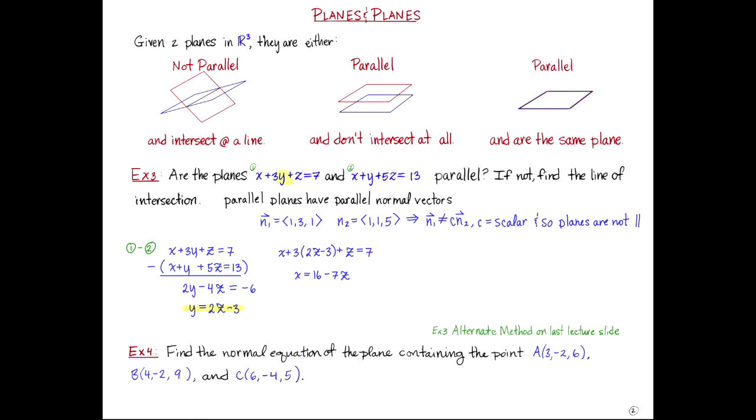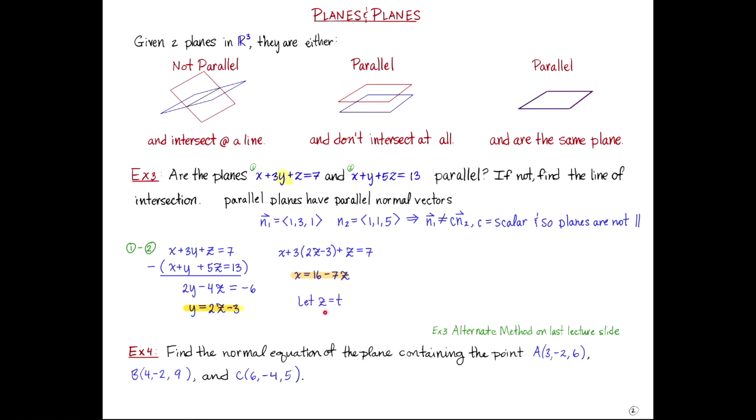We now have both y and x in terms of z. We know that our equation of a line is going to be in terms of t. So to parameterize these equations, let's let z equal to t.